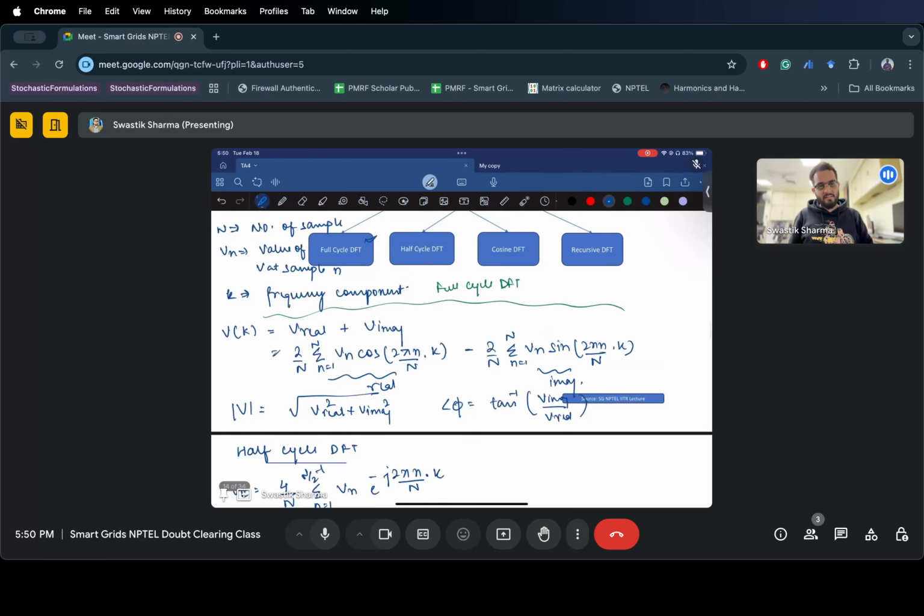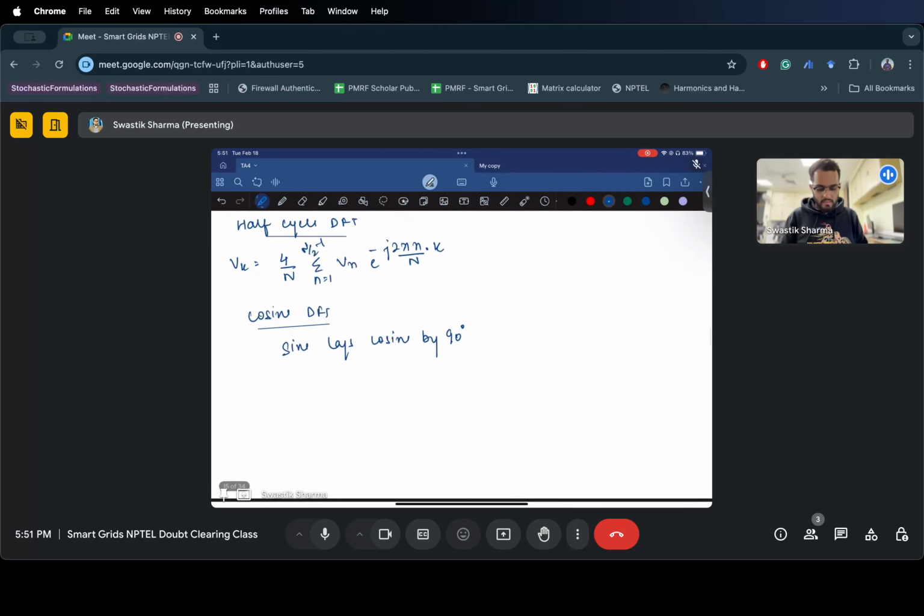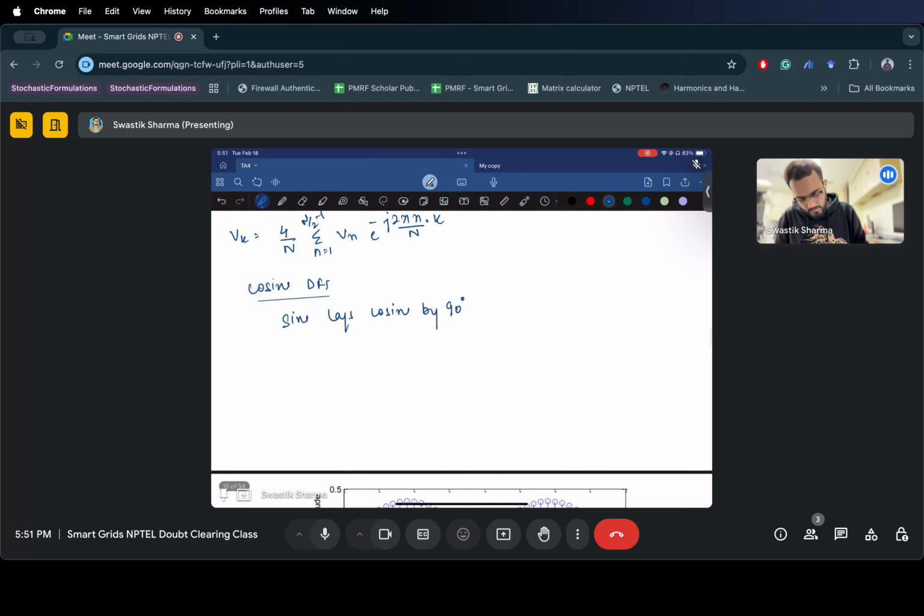Now with cosine, since we are getting both sine and cosine terms, and we know that sine lags cosine by 90 degrees, we can exploit this. By getting how the cosine signal looked 90 degrees before the present signal, we can get the estimate, right?